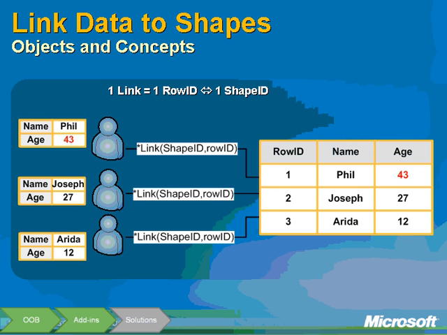The next option is the idea of linking. This is a second step in the workflow. On the left we've got the shapes in the diagram, and on the right is the recordset that you've brought into the diagram. You can see that a row of data maps to an individual shape. Obviously, for these rows of data, you can have a query or a stored procedure behind them to aggregate the data or work with it however you want. Then you link the two together.